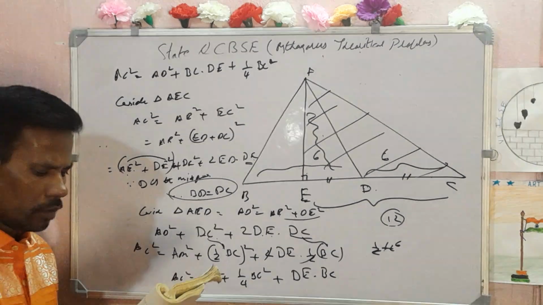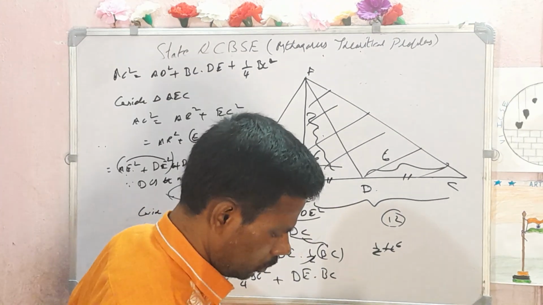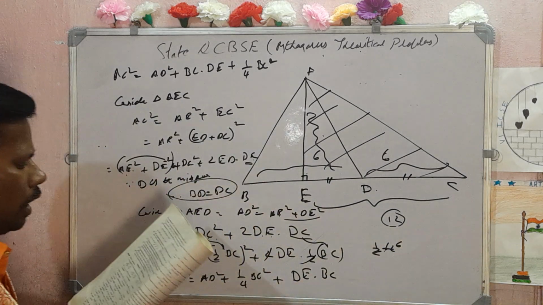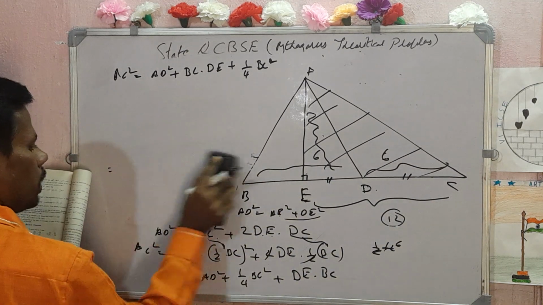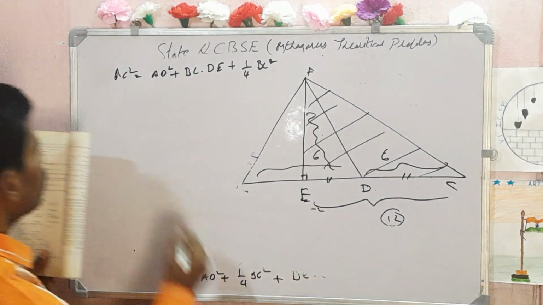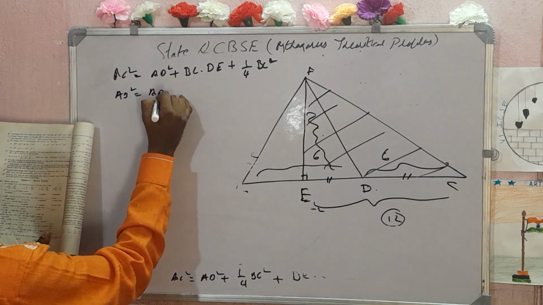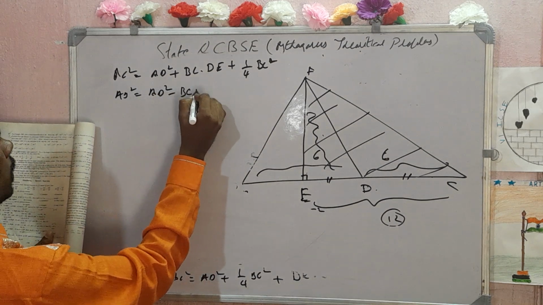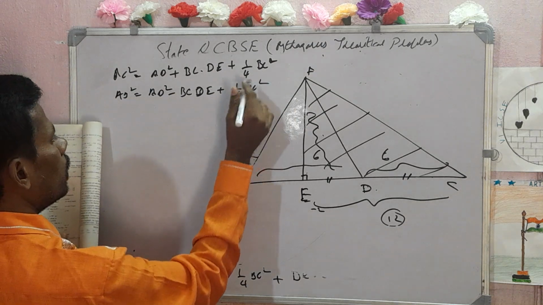In the same way, you can prove the other one. I am not going to prove it, I will just write it. And this is another bit: AB square is equal to AD square minus BC into DE plus 1/4 of BC square.